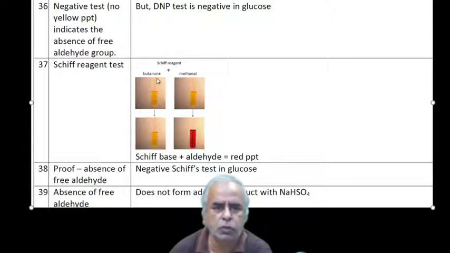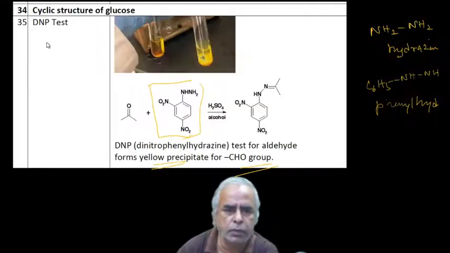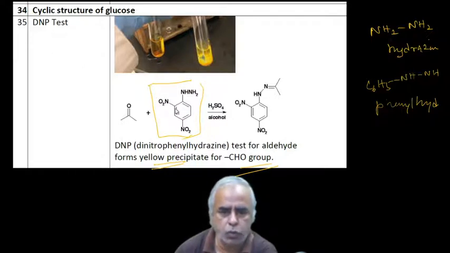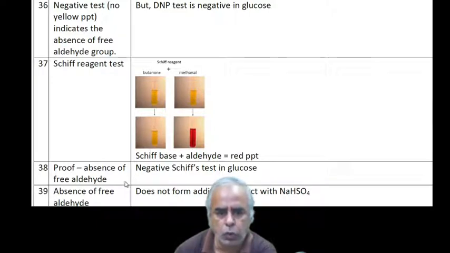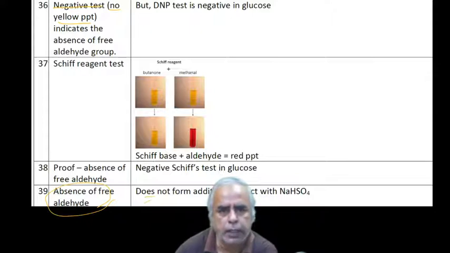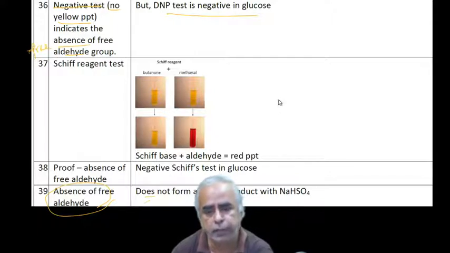Why this negative result for glucose even though it has the CHO group? If it is a CHO group, it should give that yellow precipitate, but unfortunately they were unable to get that. So the negative test, no yellow precipitate, indicates that there is an absence of free aldehyde group. Are you able to understand? There is an aldehyde group, unfortunately it is not freely available.